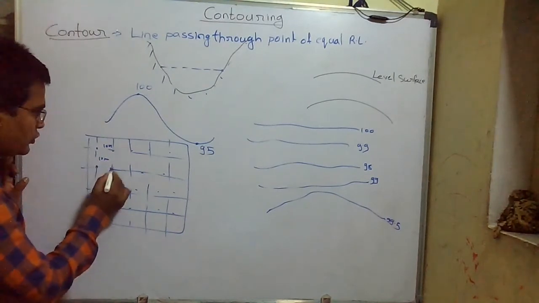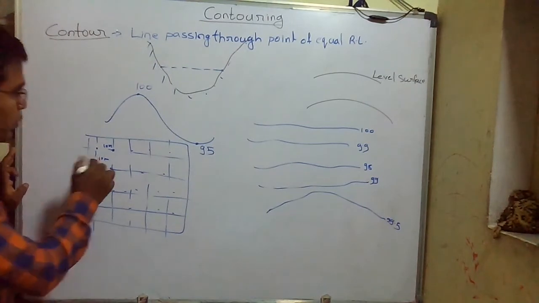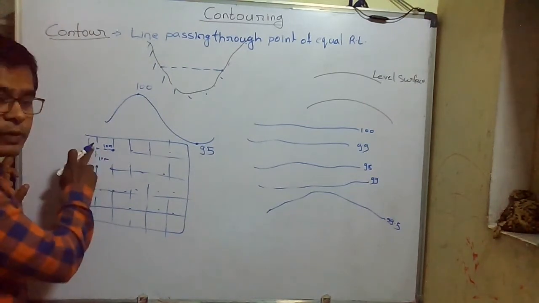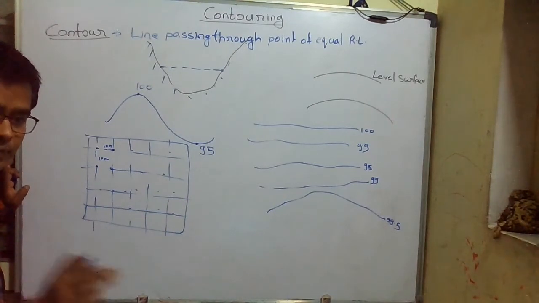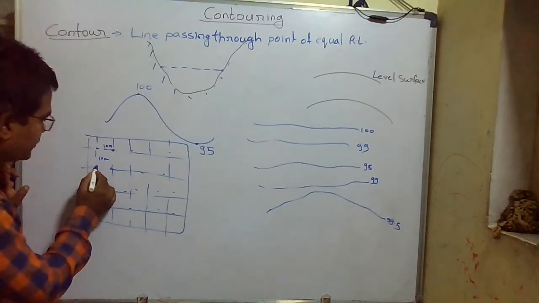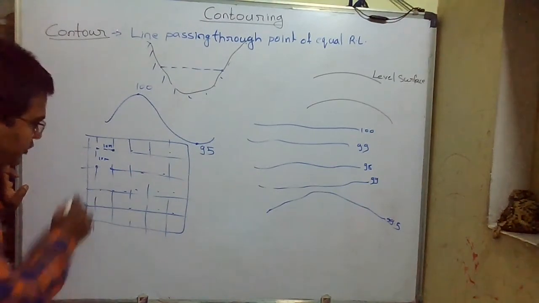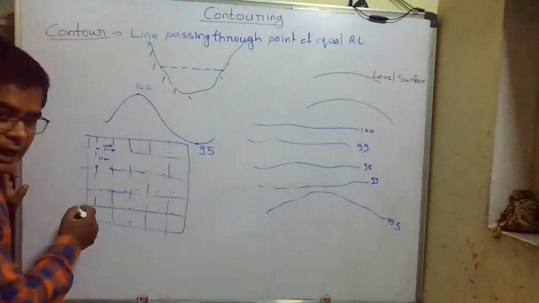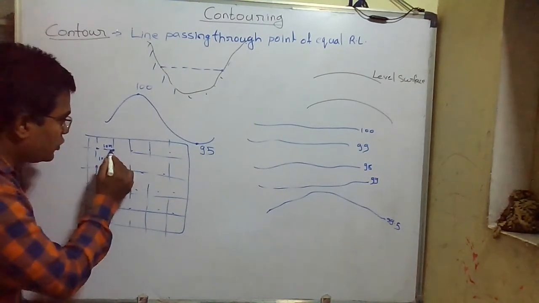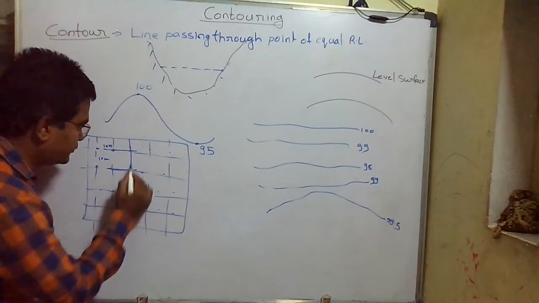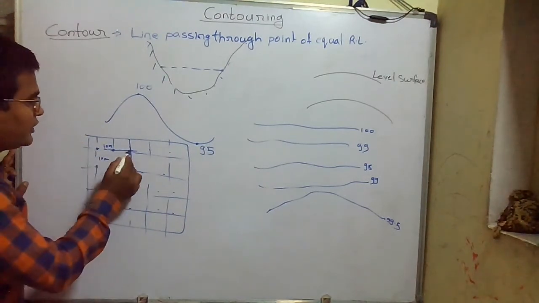So here we find the points by measuring a distance of 10 meters. What we are doing is fixing the horizontal position of that point on the ground. Suppose this is the plot, this is the border of that plot, and we have divided this plot into grids. So we get the distance of each point.